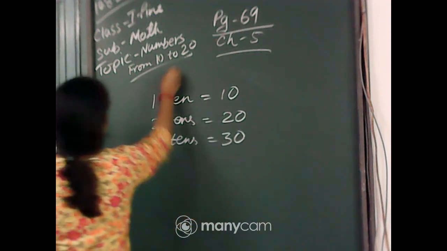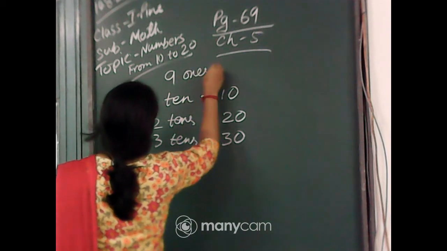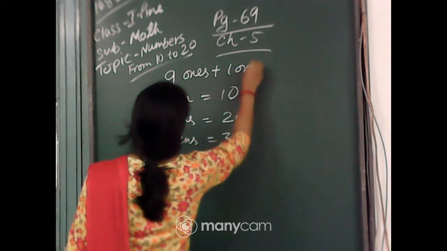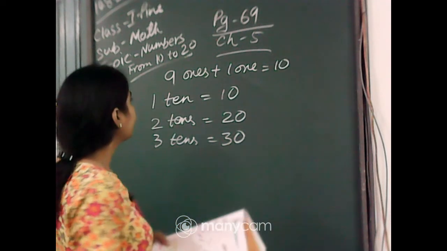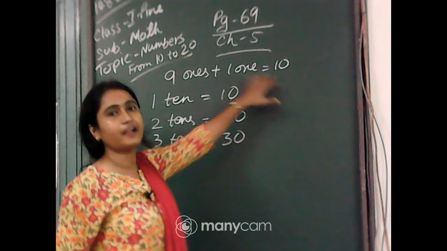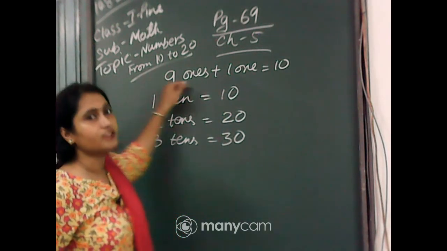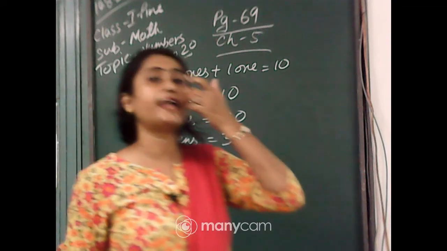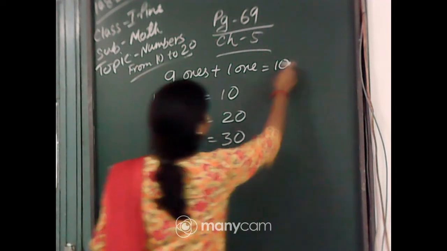You know that 9 ones plus 1 equal to 10. When 9 ones and 1 is added, it makes a 10. 10 means this is 1 ten.